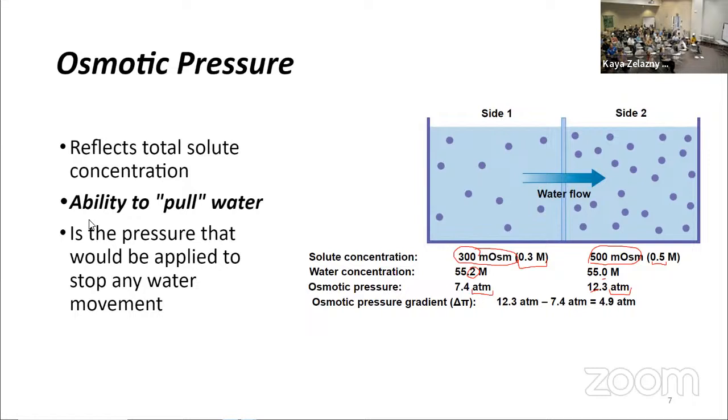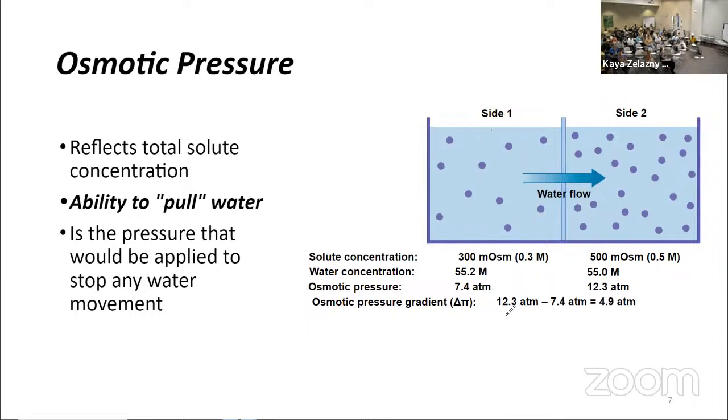So when we talk about movement, we might also express that difference as a gradient. If we say we have an osmotic pressure gradient, all we're saying is that we have a region where there's more solute in one place, less solute in another place, and this is creating a difference in the pull on water, and therefore in the push related to water.